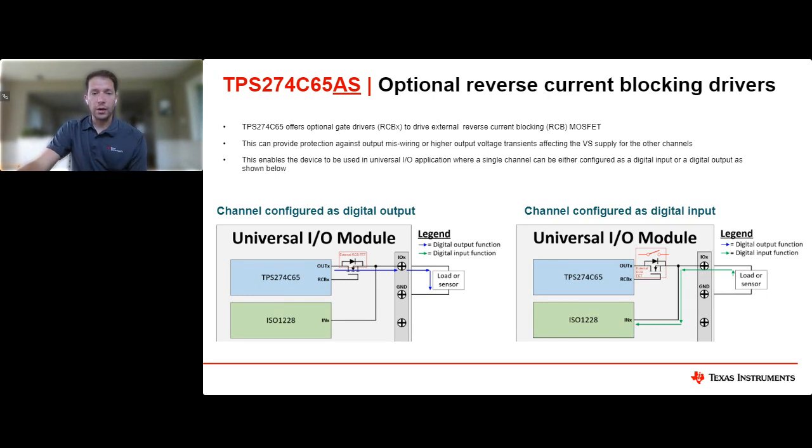And if you ever want to configure it as an input, you can deactivate this reverse current blocking FET and allow the current to flow to the digital input circuitry. When you pair the TPS274C65 with maybe an ISO1228 from TI, you can create a universal digital input-output with these two devices.